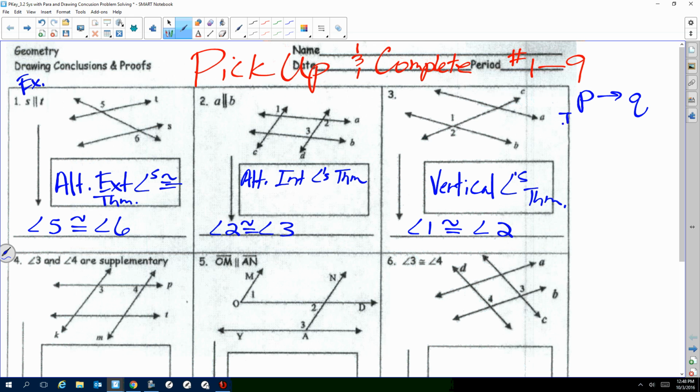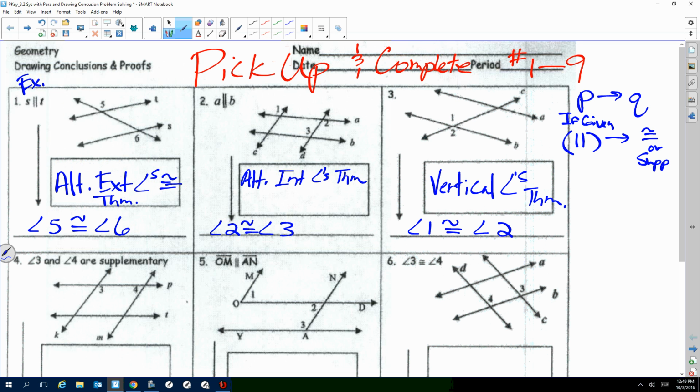So if you're given parallel lines, that's your symbol for parallel lines, then you would conclude the following: congruent or supplementary. You have to know which angles are congruent and which angles are supplementary. That's all on that notes page from Friday. It's also on the 3-1 notes that we did at the beginning, or on Wednesday.